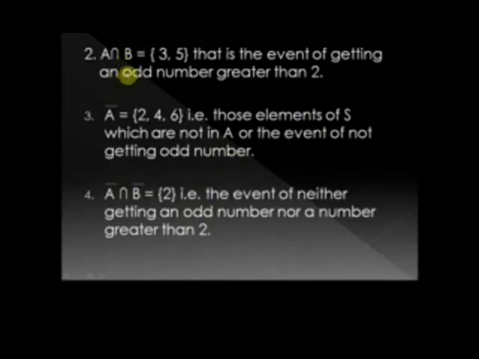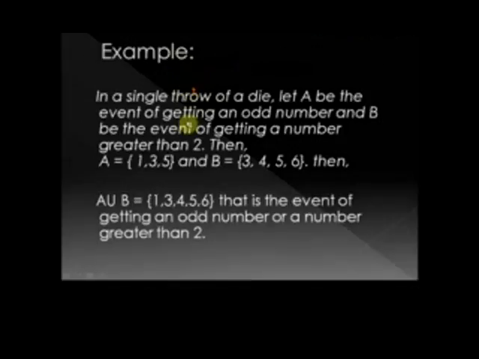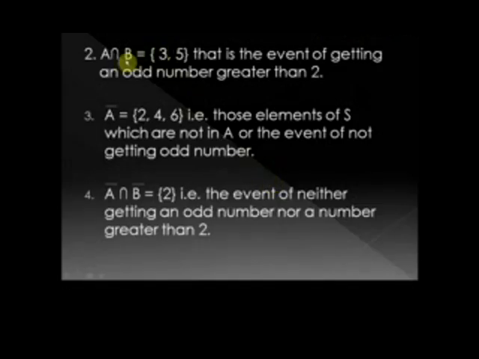The second is A intersection B. This would be equal to 3, 5 as these are the common points of these two sets. So A intersection B would be 3, 5, and so we can say that this is the event of getting an odd number greater than 2. Now we see that A is the set 1, 3, 5.